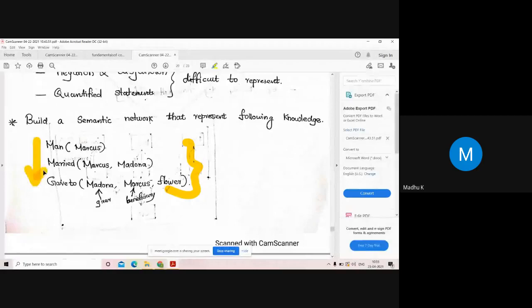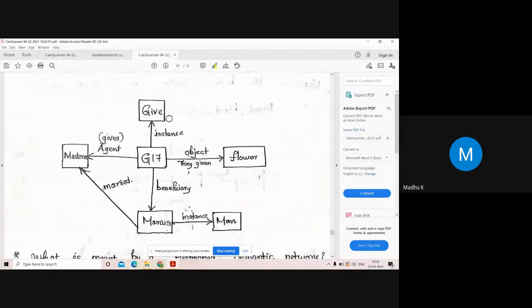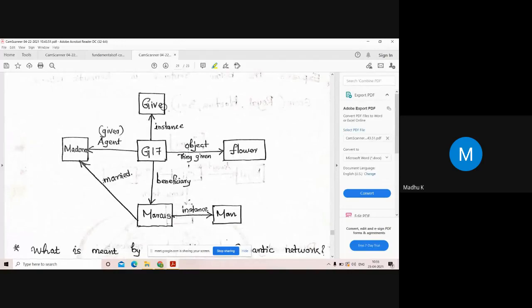But the same can be represented using what? Semantic net also. We can represent the same story using a semantic net. That is the application of using a semantic network. So this is the corresponding semantic network.